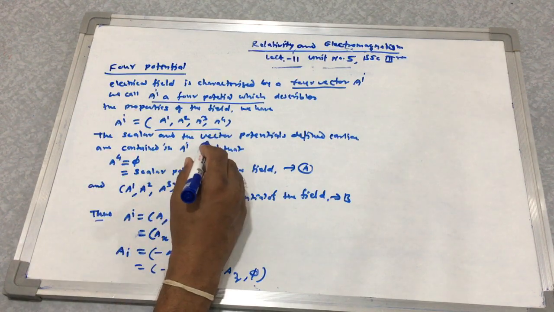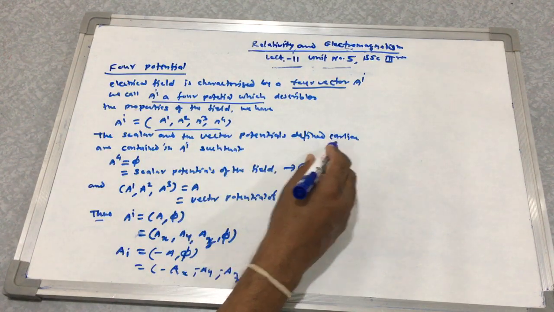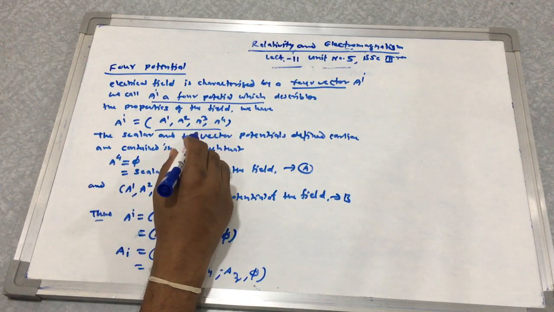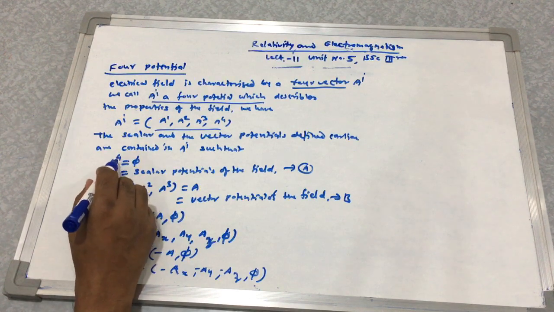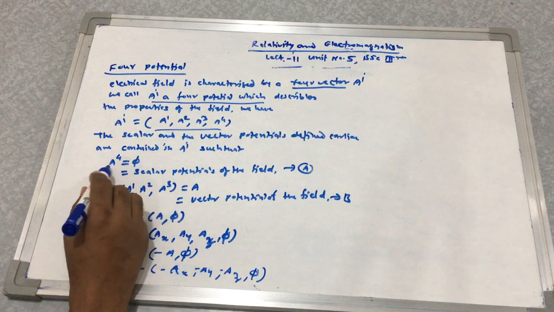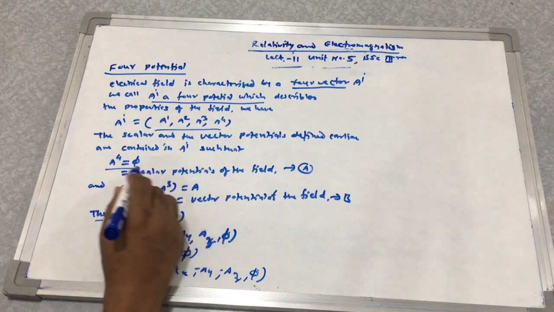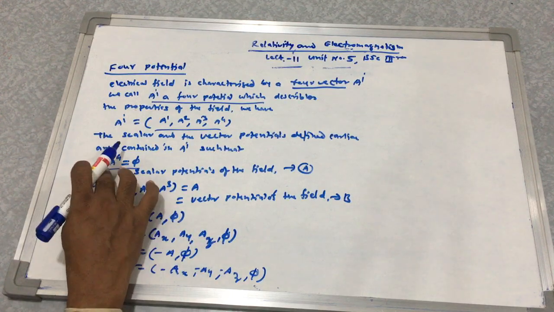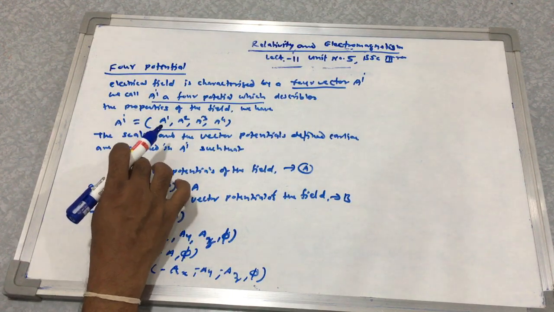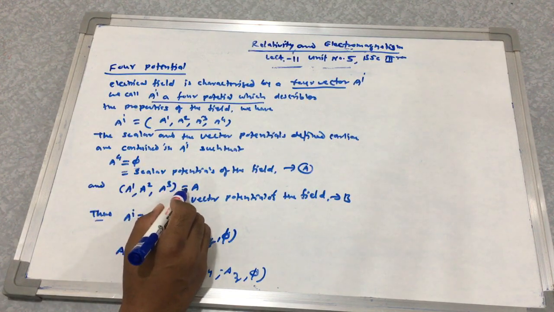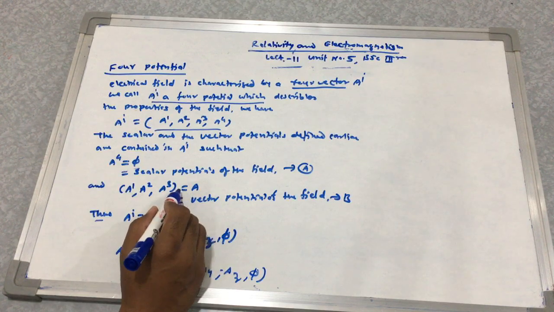The scalar and the vector potentials defined earlier are contained in A^i, such that A^4 is phi, the scalar potential of the field, and A^1, A^2, A^3 make A, the vector potential of the field.